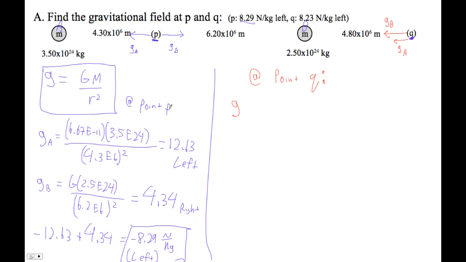So at point Q: G of A is equal to 6.67 E minus 11. Oh golly, how far away is A? A is 4.3 plus 6.2 plus 4.8, 15.3. So it's over 15.3 times 10 to the 6th squared, and A is 3.5 times 10 to the 24th.